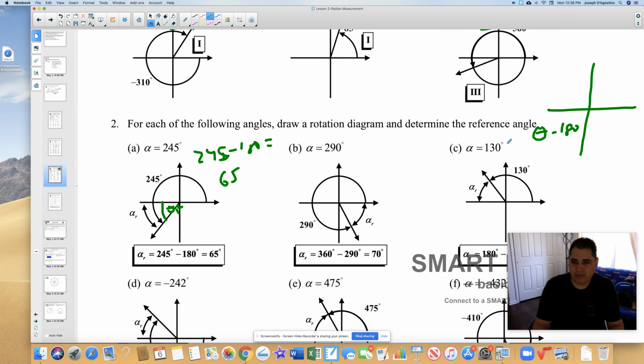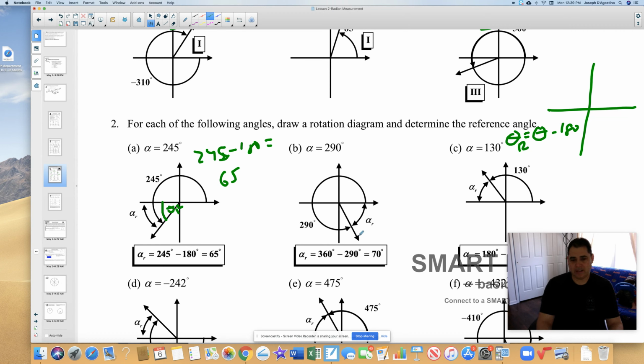My notation for reference angle is theta r. In this case, they're using this notation, which is alpha or alpha r, depending on what symbol you want to use. So third quadrant is going to be angle minus 180 to get the reference angle.